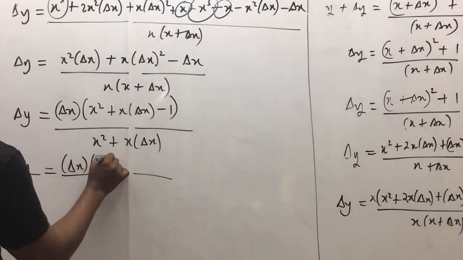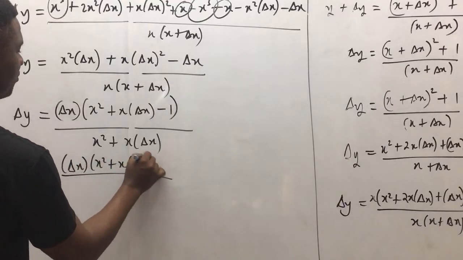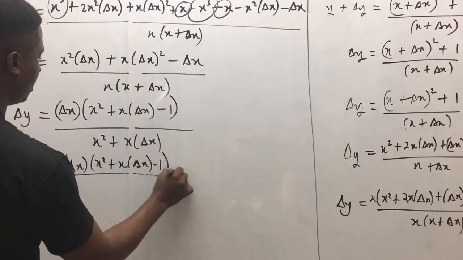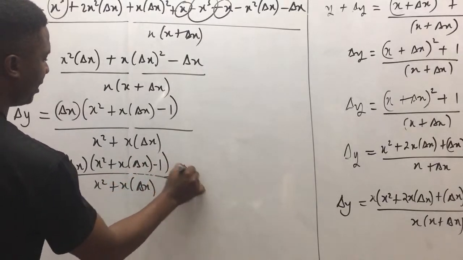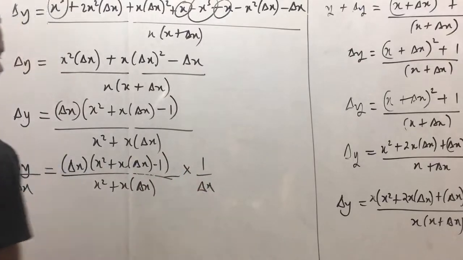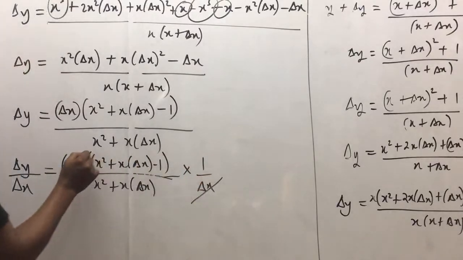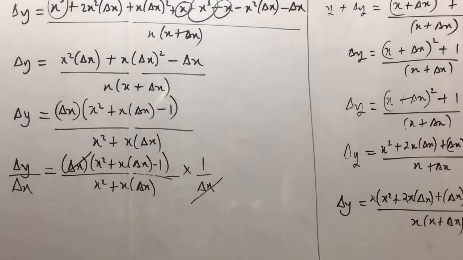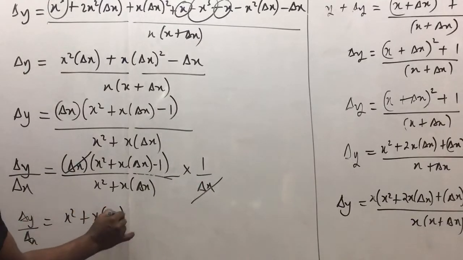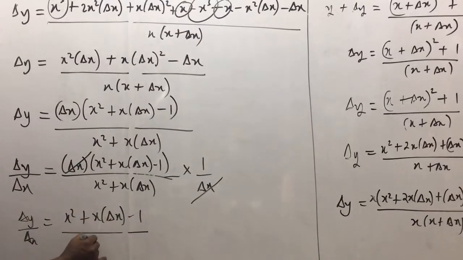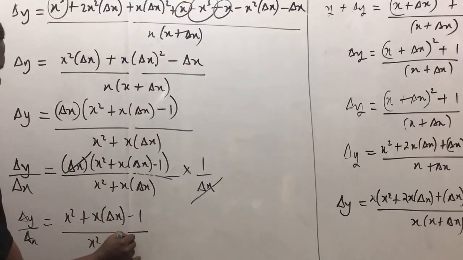That would mean multiplying this result here by 1 over changing x. Now when you do that, this cancels out. Changing x cancels what you have in the numerator, and you end up having changing y over changing x equals x squared plus x changing x minus 1 all over x squared plus x change in x.